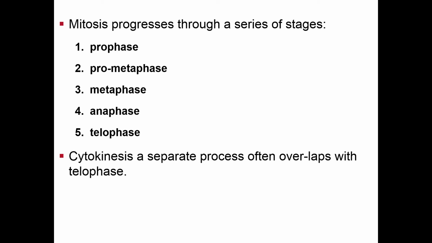Looking at mitosis, you can split it up into a series of phases. It's important to note that we designate these phases with labels, and we talk about the important events happening in each stage, but you need to know that this is one big continuum.